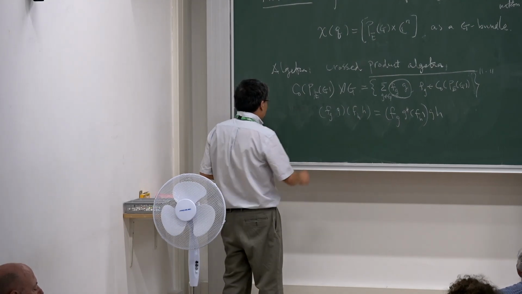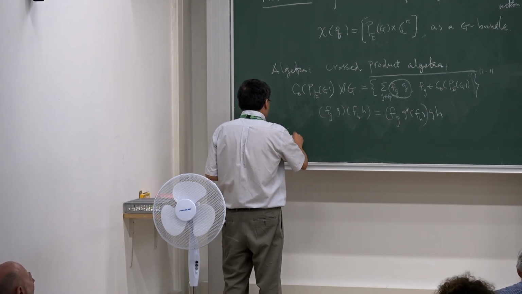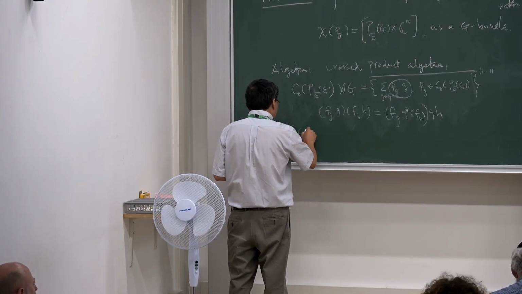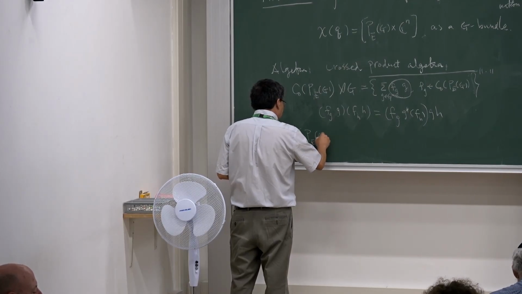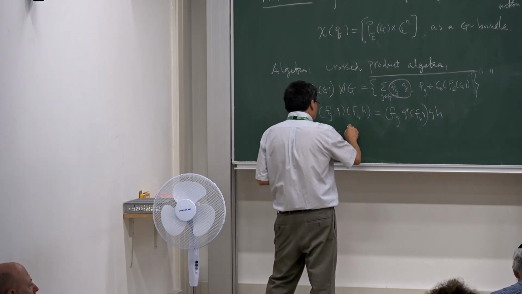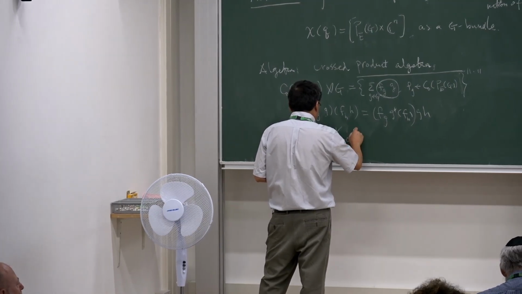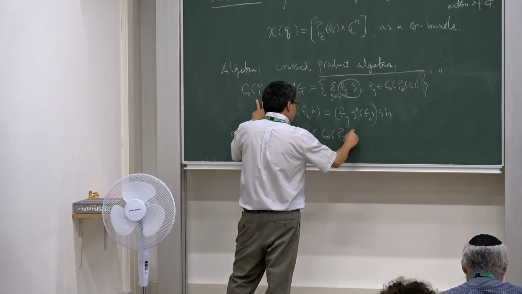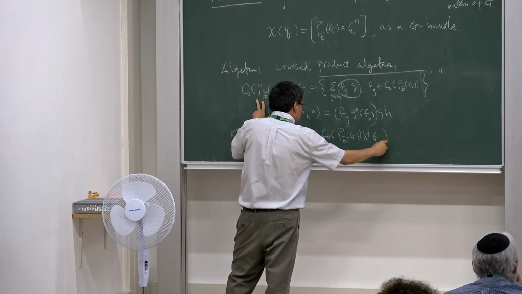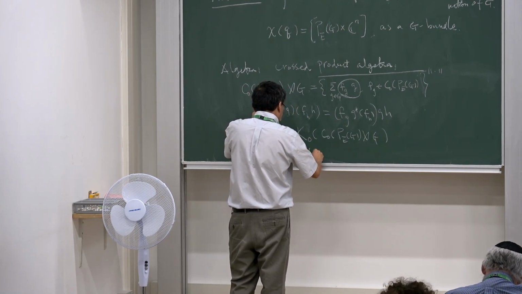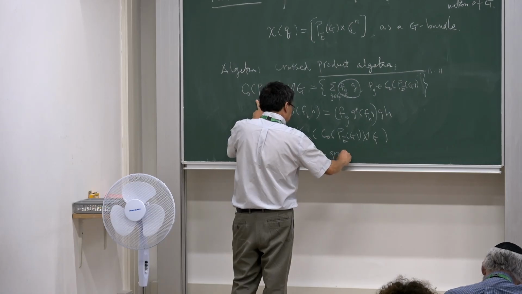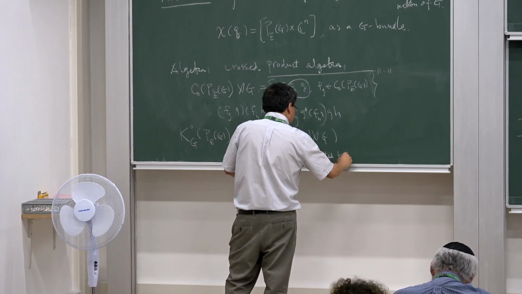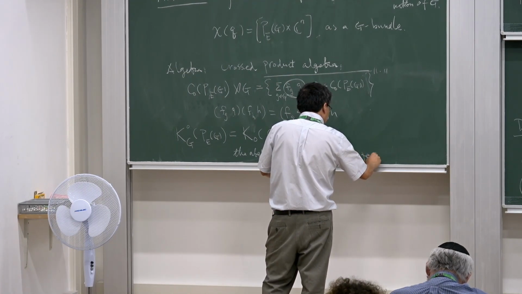What is nice about this is that if I'm going to talk about equivariant K-theory, which is just the abelian group of all vector bundles on the space, this is just going to be the K-theory of this cross product. By K-theory, I just mean the abelian group generated by projections in the matrix algebra.